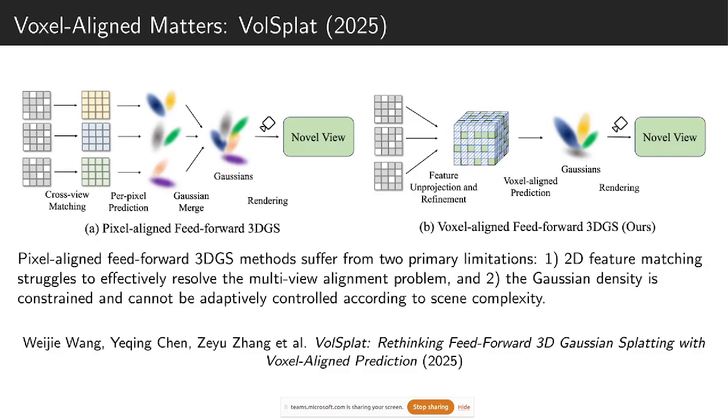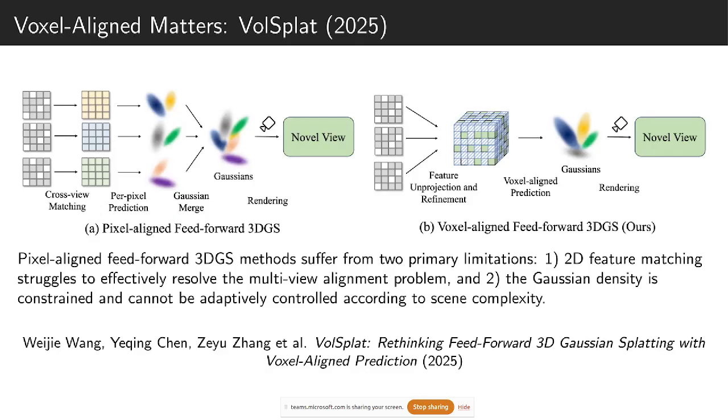Another perspective is that we challenge the existing 3D foundation model framework, that is per-pixel alignment. Most of the models currently do per-pixel prediction. That is, for each view we have a single Gaussian set that represents that view, and we perform per-pixel prediction, and eventually we perform a Gaussian merge into a whole Gaussian set that we use for rendering.